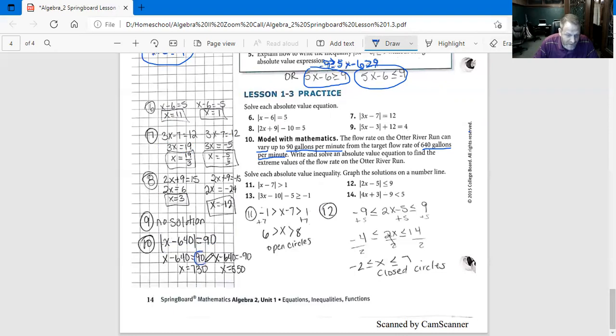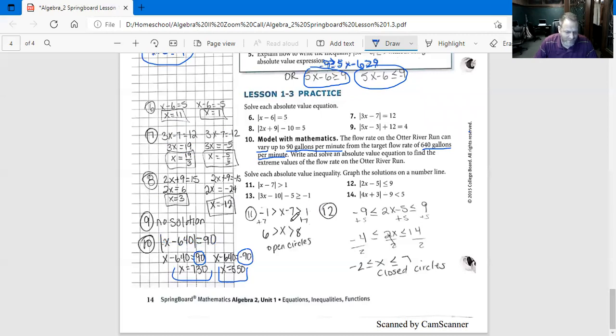We make a 90 here, we make a minus 90 here, negative 90, and then we solve, guys. I'm going to let you solve on your own to get this x equals 730 and this x equals 550. All right, guys, so let's look at number 11.